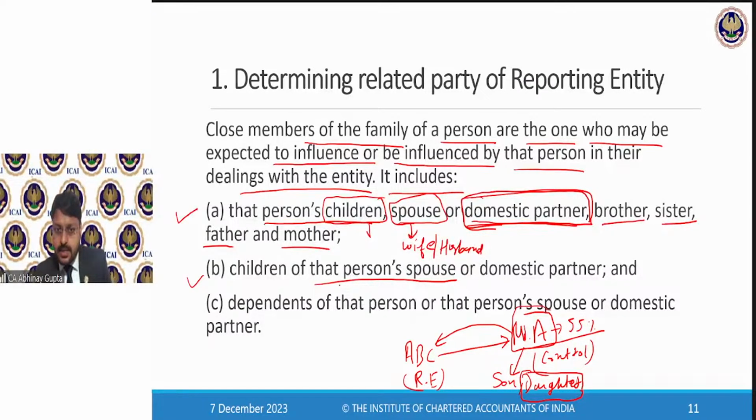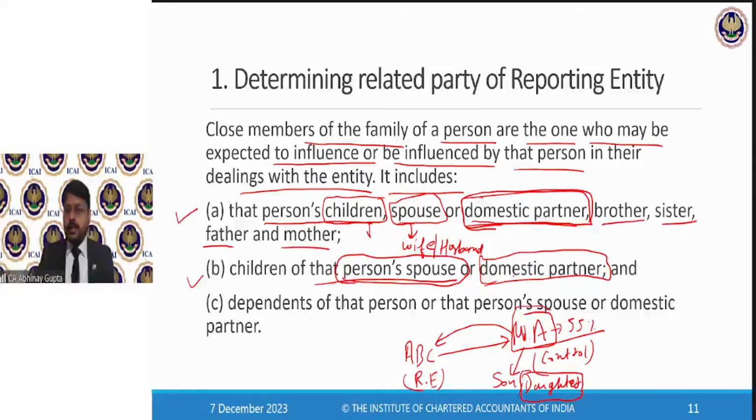So that person's children of that person's spouse will also be covered, who are actually not the children of Mr. A, but Mr. B, right? So those are also covered. And similarly, the domestic partner's children. So if the domestic partner has children with any third person as well, those are also covered. Because they are treated as equivalent to the children of Mr. A only, right? So this is category 2.